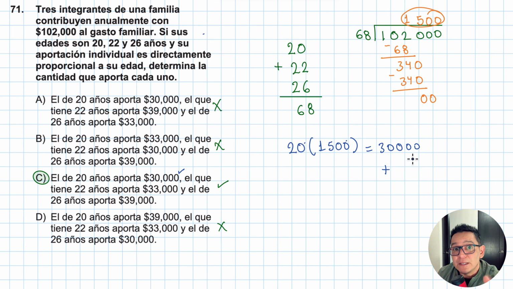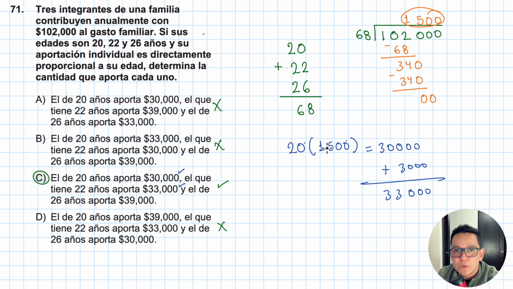So, if he's 22 years old, that means he has to contribute 3,000 more than the one who's 20, right? So 30,000 plus 3,000 gives me a total of 33,000. Look, the 22-year-old says he contributes 33,000.